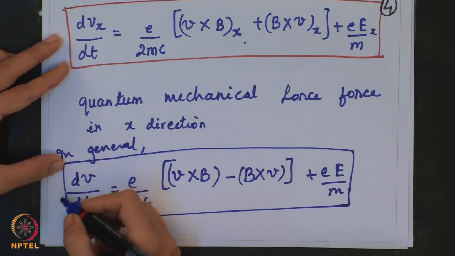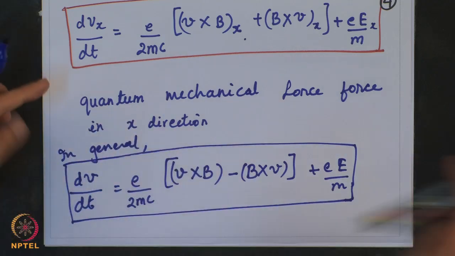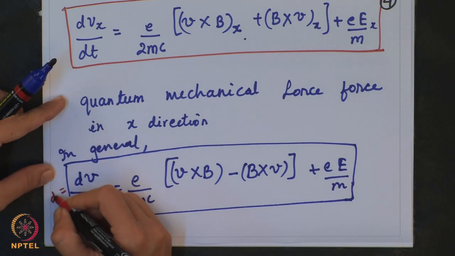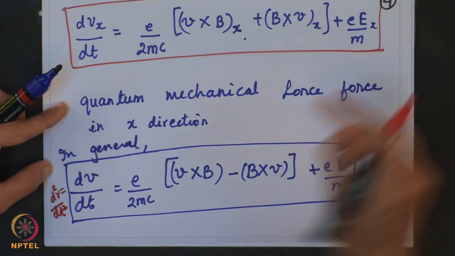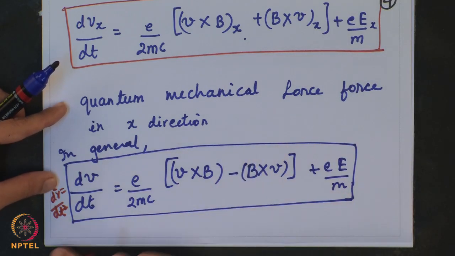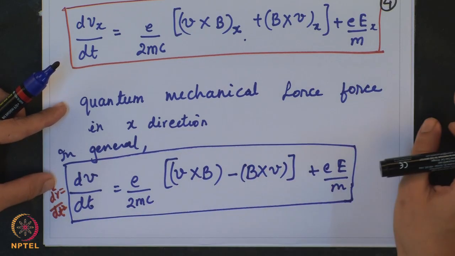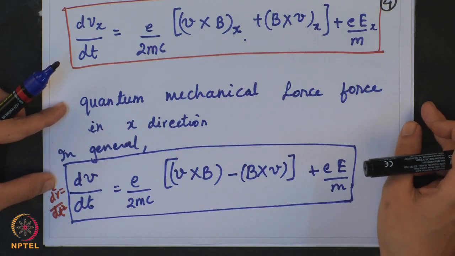You can rewrite this as d square r by dt square, which is asked in the question. So, it is proportional to this in terms of the quantum mechanical Lorentz force, and I think this part was also discussed in the lecture.